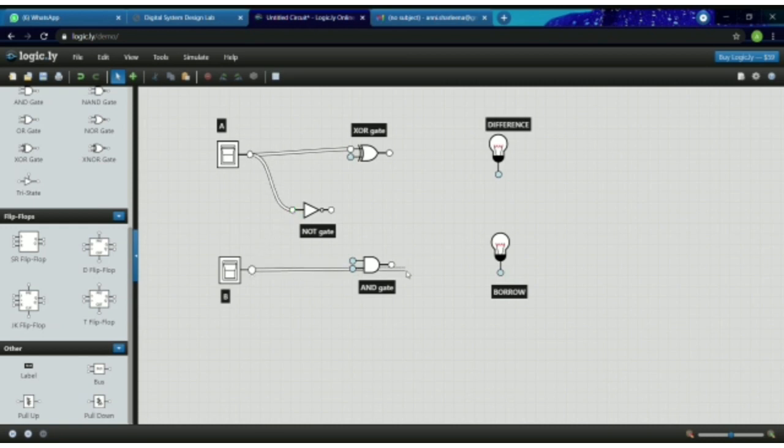Let us start connecting. Now connect the switch A to XOR gate and NOT gate, and switch B to XOR gate. And now we are connecting the NOT gate to AND gate, and switch B to the AND gate.